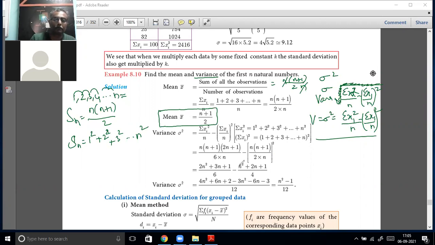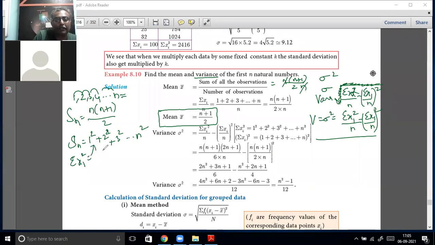So what you have to do now is get the sum of all the squares. Sigma x_i squared is equal to this one.